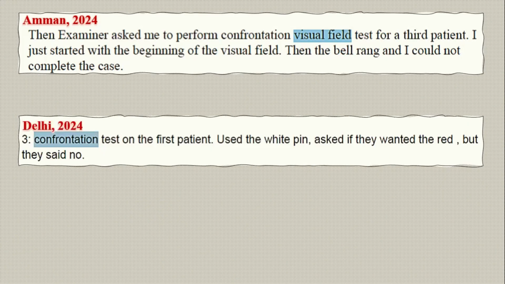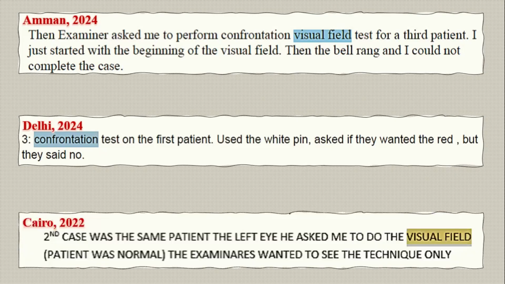Another experience from Delhi: here the candidate was asked to do the test on the 1st patient. They used the white pen, and were asked if they wanted the red, but they said no anyhow. This shows us how to be prepared with your pens, white and red. And the last one in Cairo: the case was the same patient, the left eye, and he asked me to do the test.